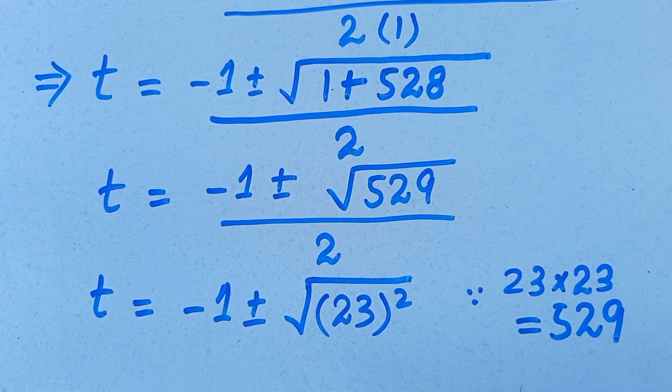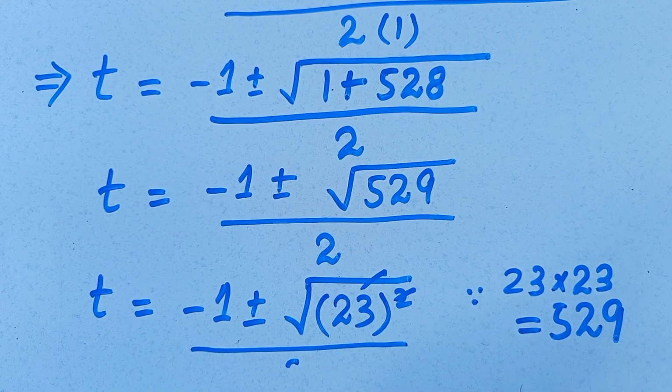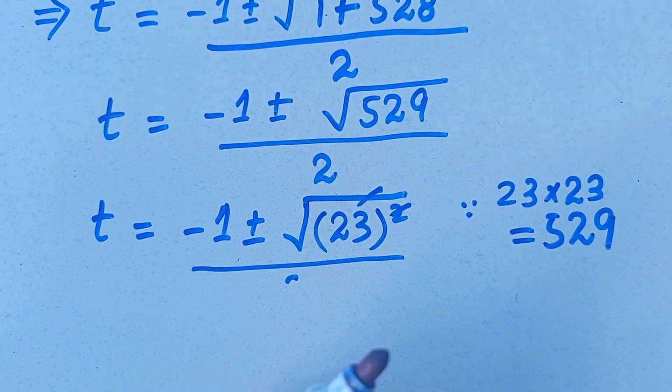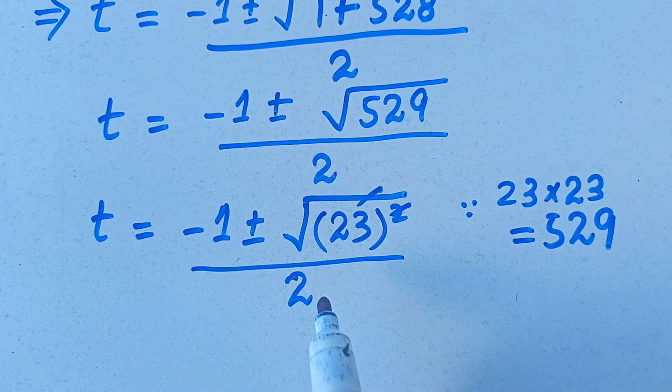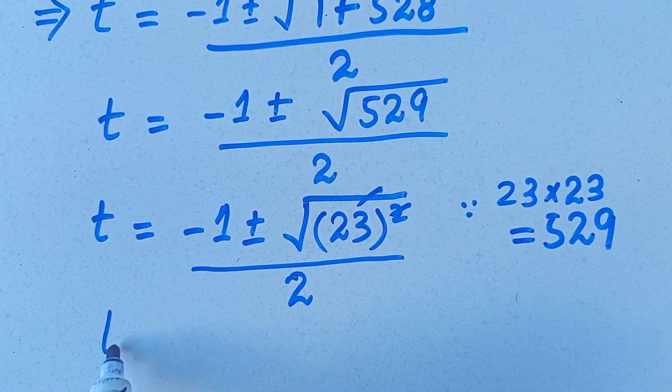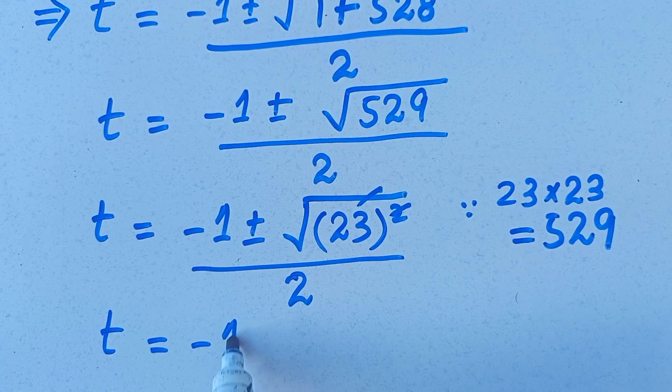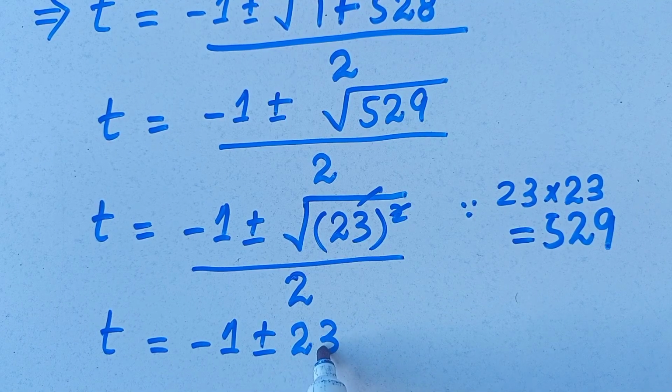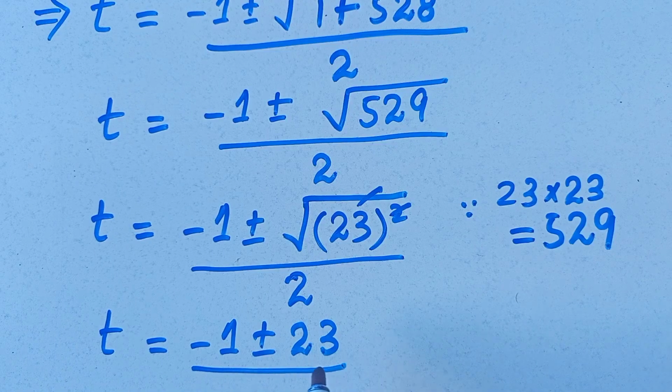So we replace 529 by 23 squared, and the square root cancels out, with denominator 2. Further we can simplify it as t equals negative 1 plus or minus 23 upon 2.